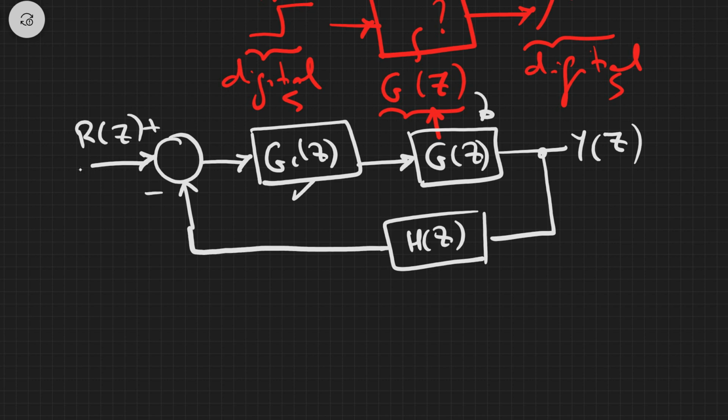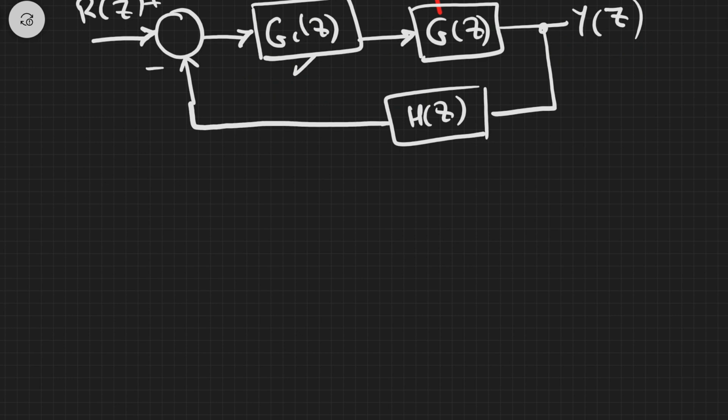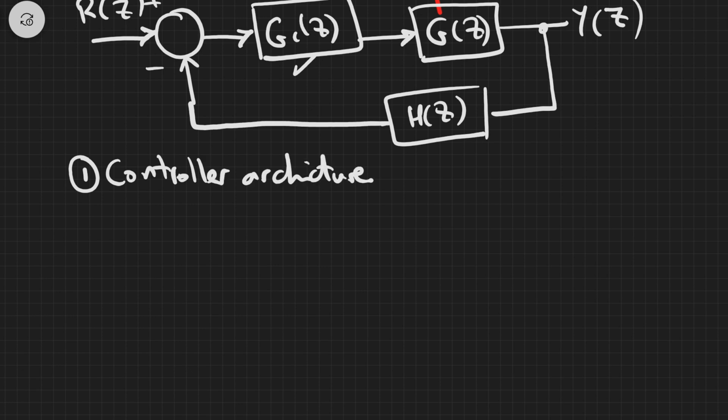We mentioned that we had three important aspects which are related to control design. The controller architecture is one of them. Architecture is an important thing.